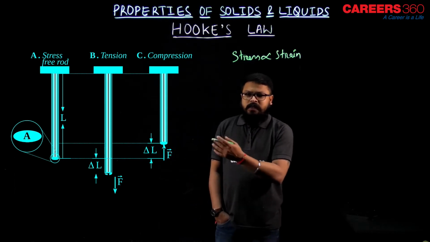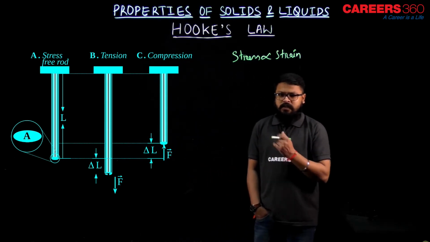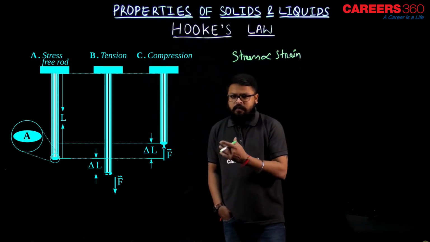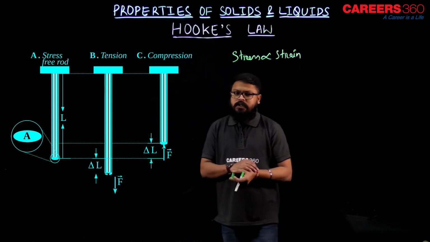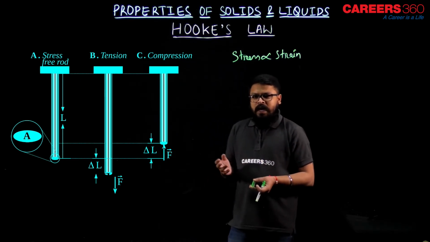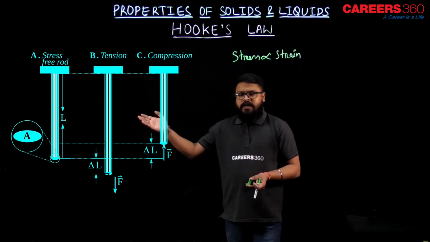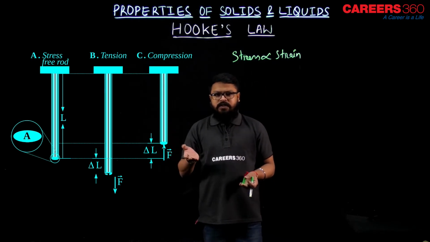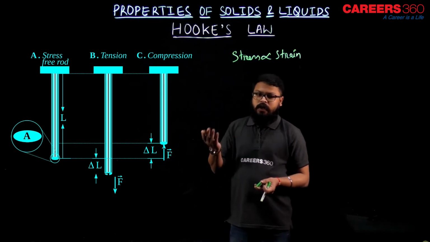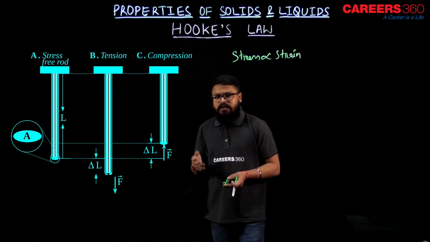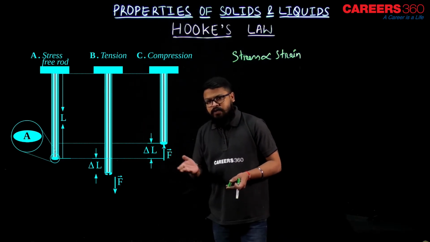Now, as this picture shows, this is an example of longitudinal stress proportional to longitudinal strain. Either you provide tension stress or compression stress, both are longitudinal or normal stress. In that case, there is strain also, as you can see.